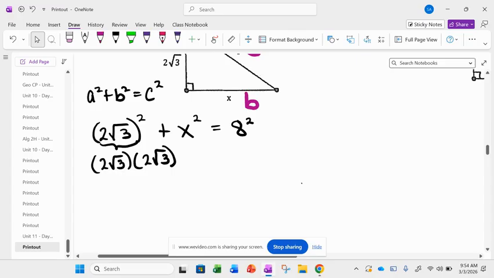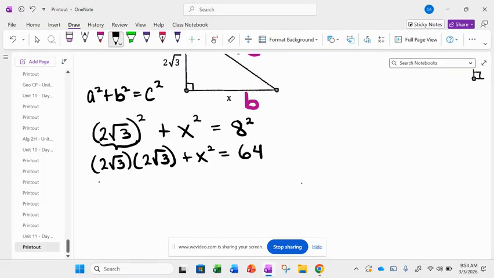Noah, tell me, how do I multiply these? Okay, so tell me, what do you get? And what do you get? 4, just regular 9? Square root 9, you got it. 4 square root 9.